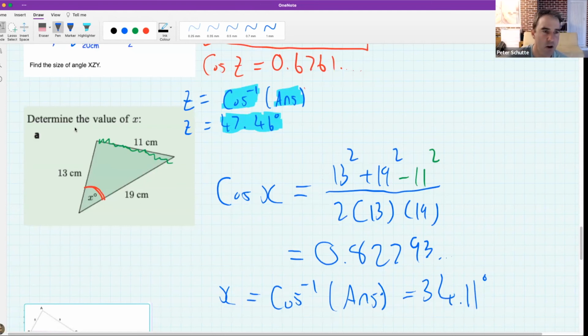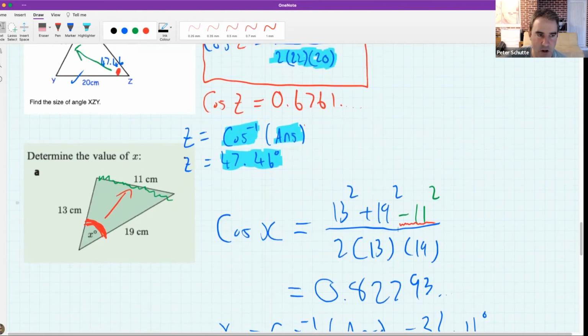Okay. The very important thing that you need to remember is, when the question started, you were looking for the value of X. Now, what is the side that is opposite X? Can you see it's the 11? That's why it's the side that is opposite the angle you're trying to find that is going to be negative. You'll see the same thing happened in the last one.